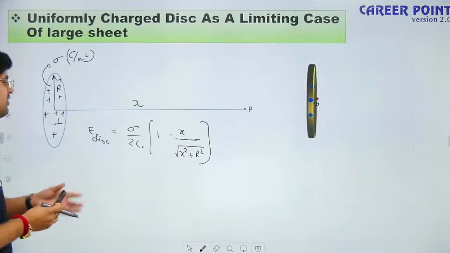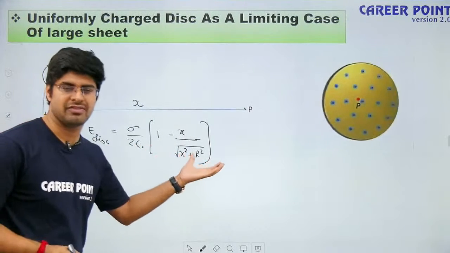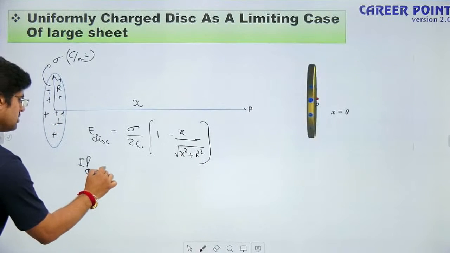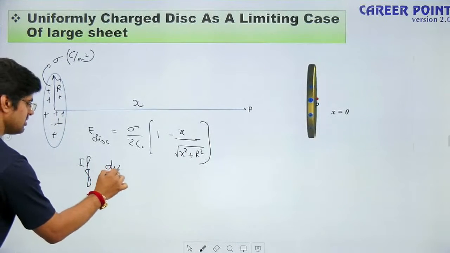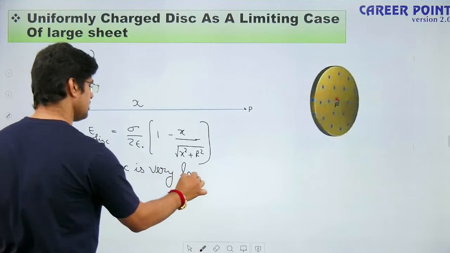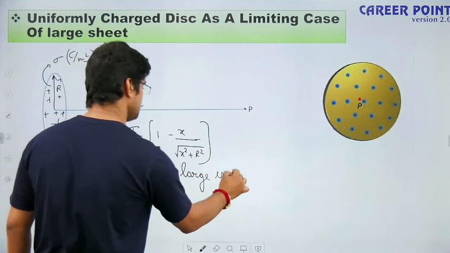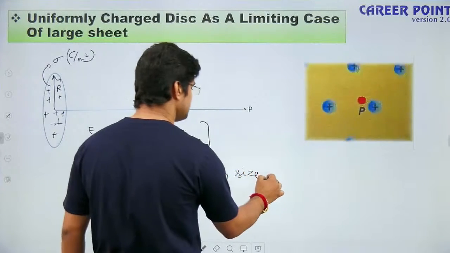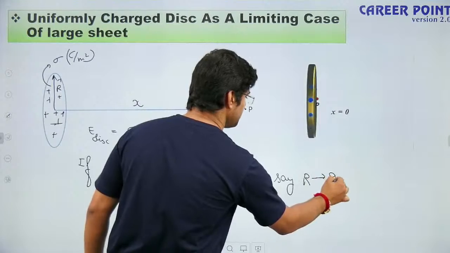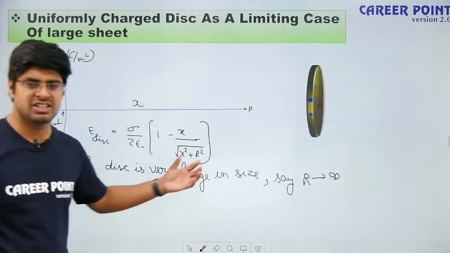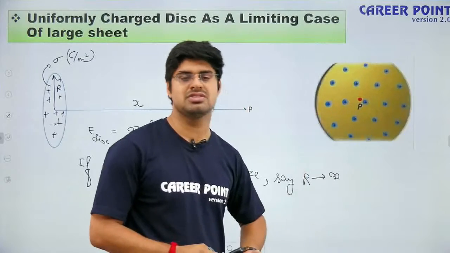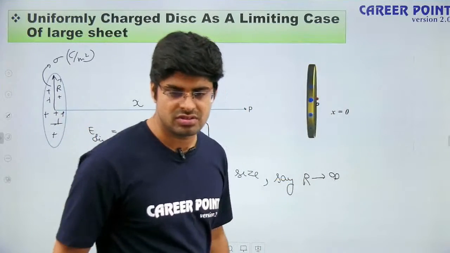So electric field due to the disk, this formula I have got. If the disk is very large in size, say r tends to infinity, the radius of the disk becomes infinitely large.